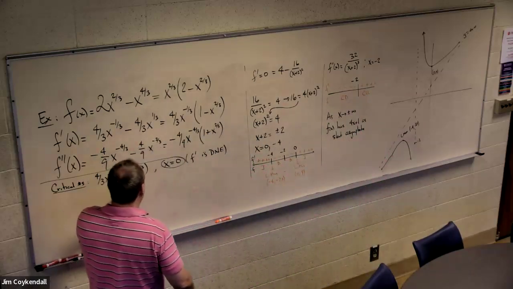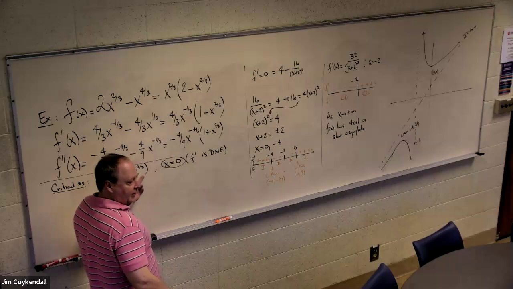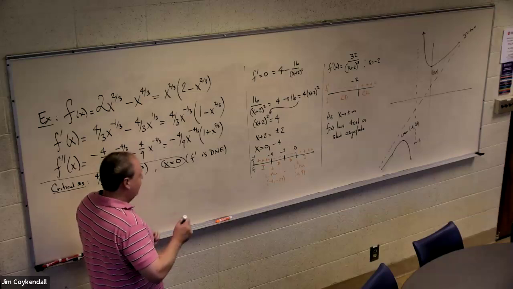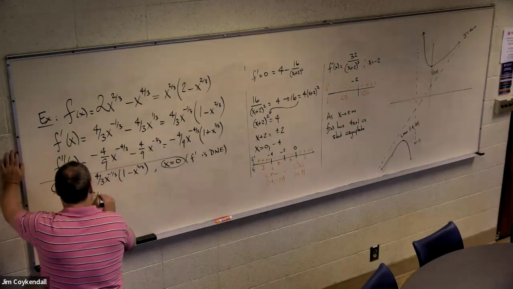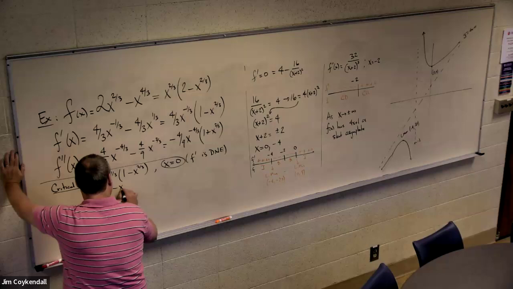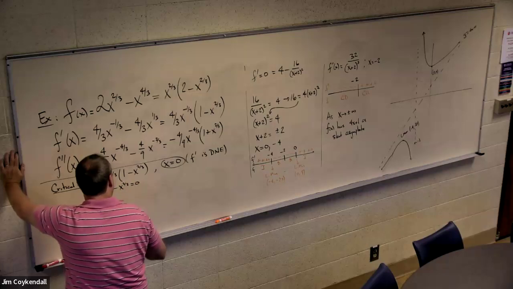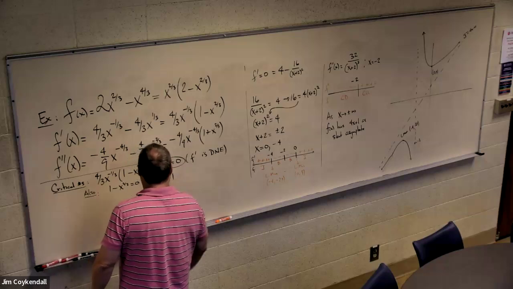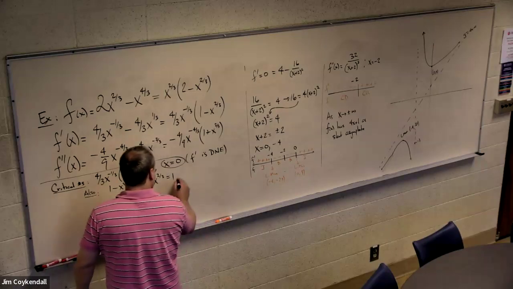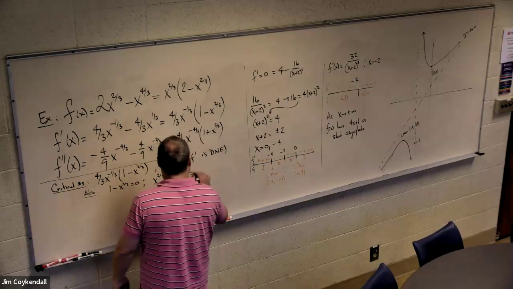That took care of this factor. You've also got to set this other factor equal to 0. So for the other critical numbers, set this equal to 0. I get x to the 2/3 is equal to 1. Cube both sides of this, and I get x squared is 1.